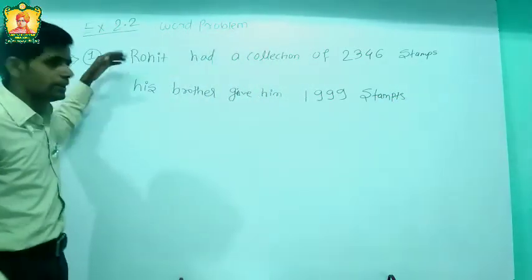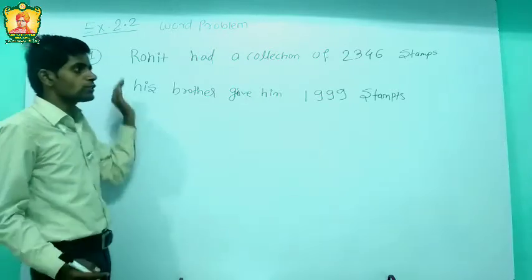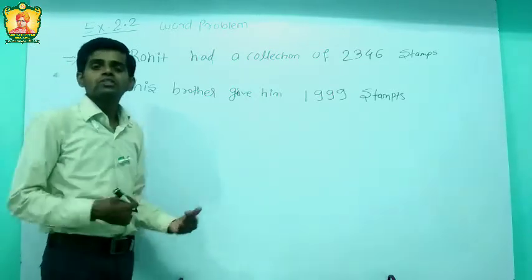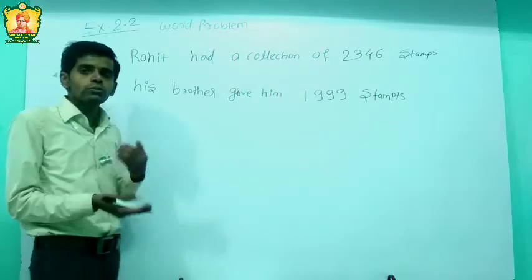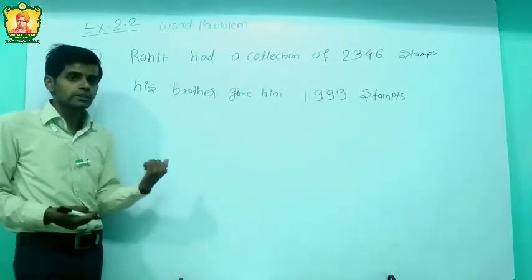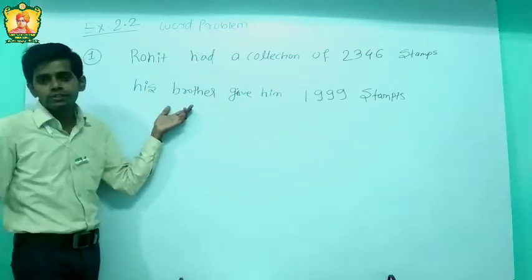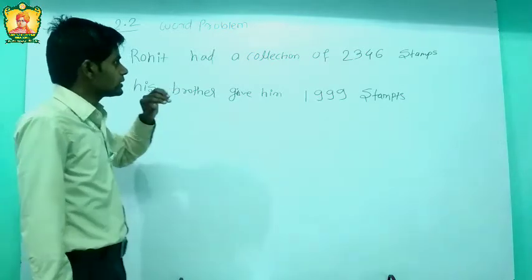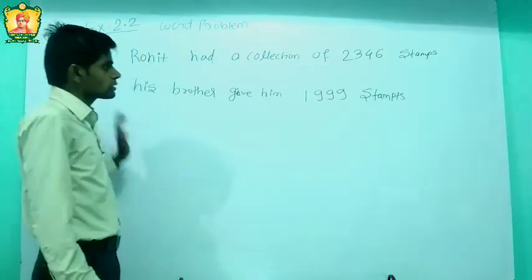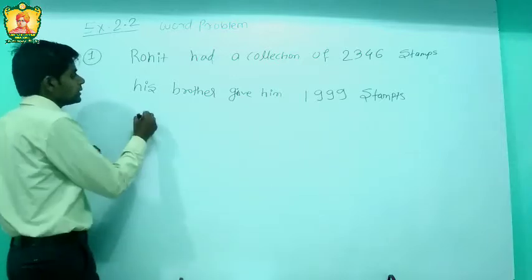There are two statements. I have written these two statements, and I have taken them from the information which is given in the question. From the information given in the question, we have to write these statements. So this is the information given to us. Now what do we have to find out?